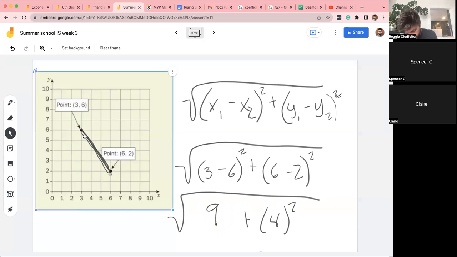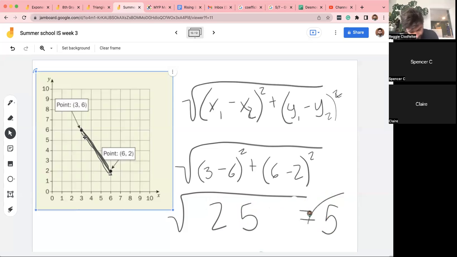Plus 4 squared is 16. 9 plus 16 is 25. At the very end, I square root it. The square root of 25 equals 5, which is the distance between those points.